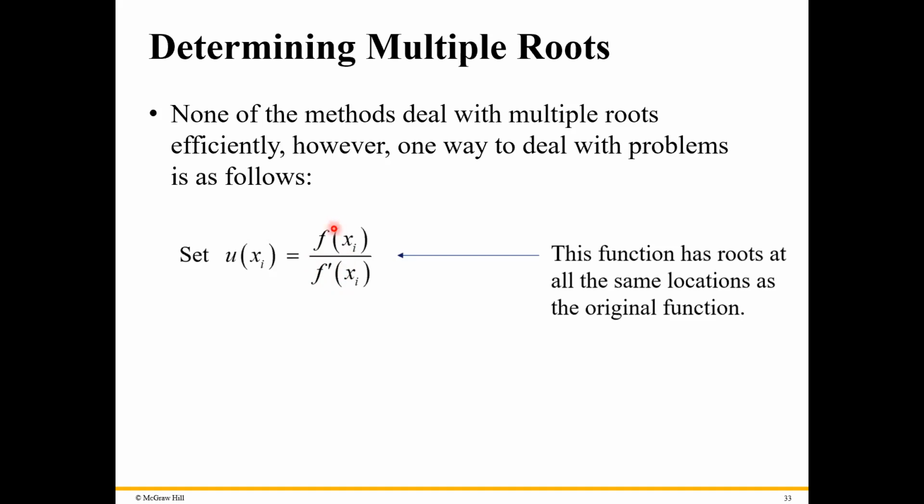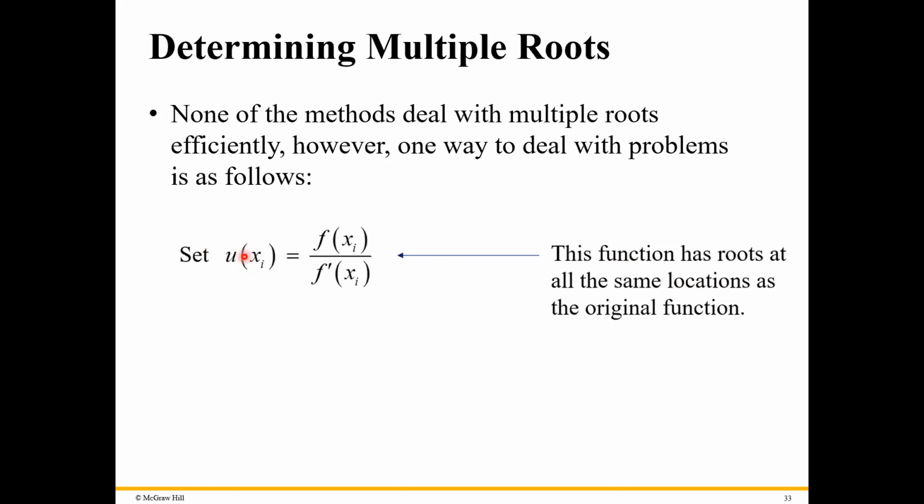If you take the function and its derivative, the ratio of the function to its derivative will be called another function u, which will also be a function of x. And from algebra, we can easily say that the new function obtained in this way has its roots at all the same locations as the original function.